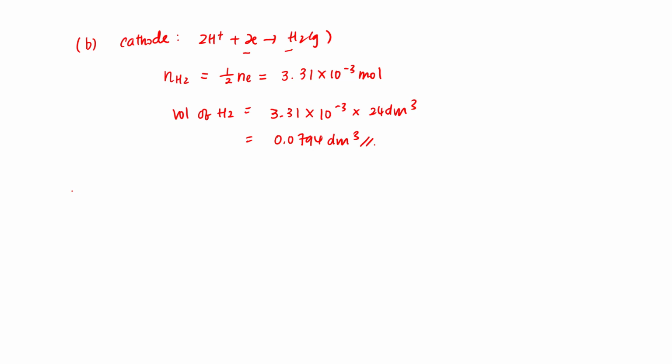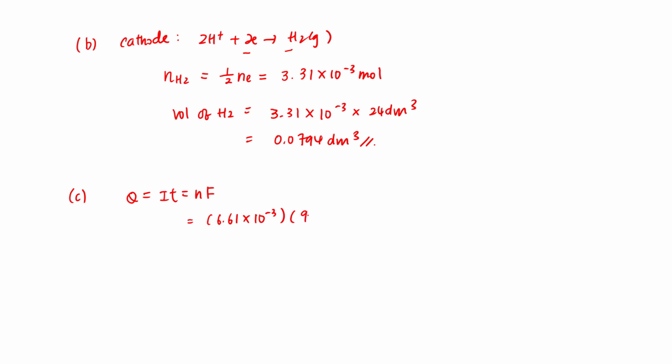So in the last part, part C, we need to find the current passing through this cell. Recall that we have this equation Q = It = nF. So what do we have now? We actually have calculated the mole of electrons earlier on, so that will be your 6.61 times 10 to the power of minus 3.